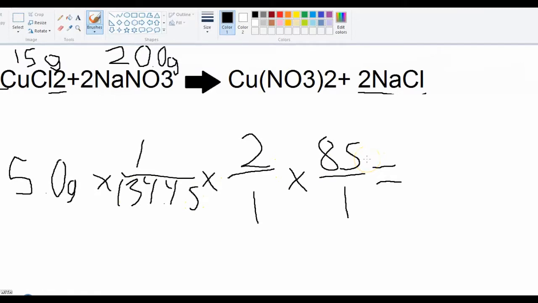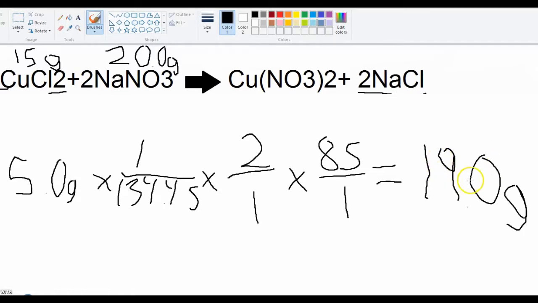Either way, you still get the same answer, depending on how you want to do it, which will come out to 19.0 grams of NaNO2, sodium nitrite.